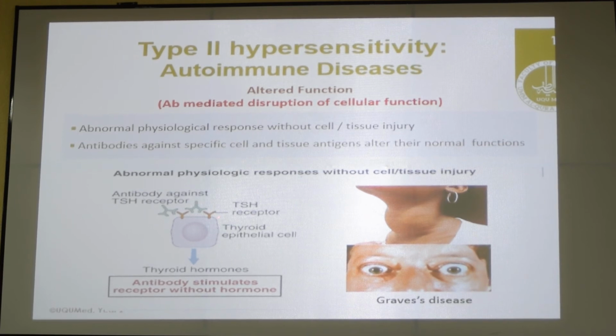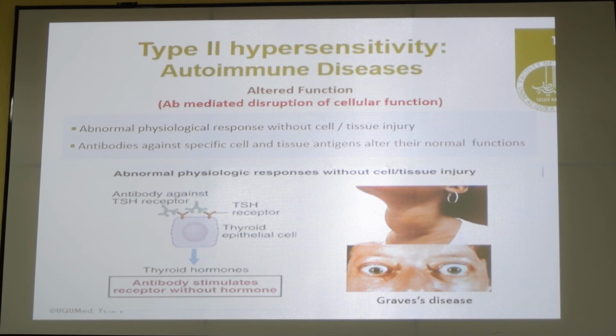So this receptor is for the stimulation. There are autoantibodies formed against this receptor which behave like the signal from the pituitary, but they are actually nothing. Once they stimulate it, the thyroid gland keeps on producing the hormone. That's why hyperthyroidism or thyrotoxicosis, and it will result in the enlargement of the gland. And this condition where the eyes protrude is called exophthalmos.